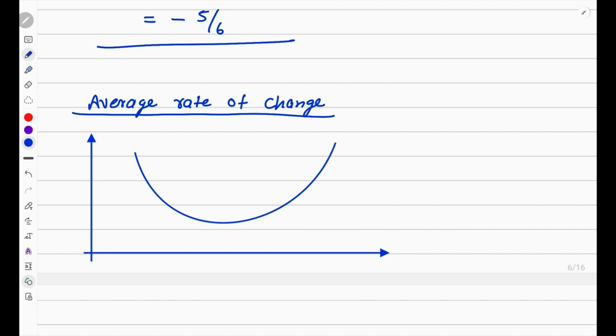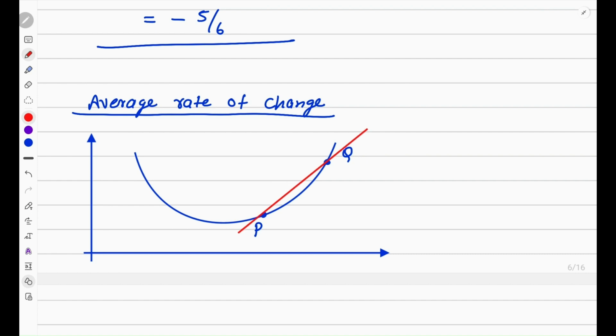On this curve we have a few points, like this is point Q and this is point P. These both points are on the curve, and this line is not the tangent line.